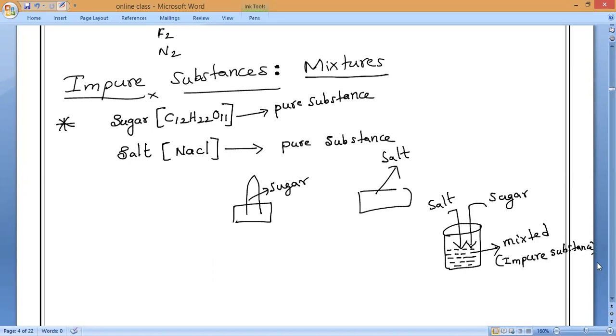Anybody can tell? Two or more pure substances mixed together. More than one pure substance together. Then what is that called, Hari? That is called a mixture. Please write it. A mixture contains 2 or more pure substances mixed together.